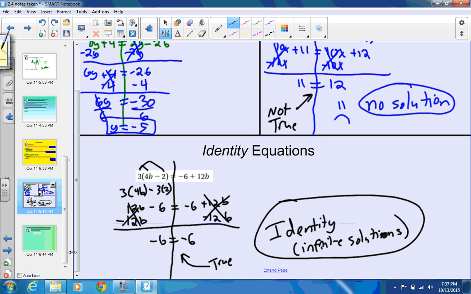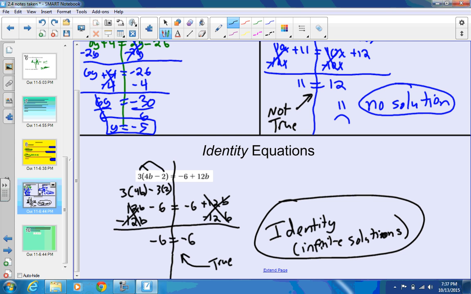This last situation, when you get rid of the variable from one side and it also cancels out the variable term on the other side, and you end up with two numbers that are equal to each other, meaning that the equation is true, that is an identity situation, meaning there's infinite solutions. Okay? Sometimes you'll have some no solutions or some identity situations.